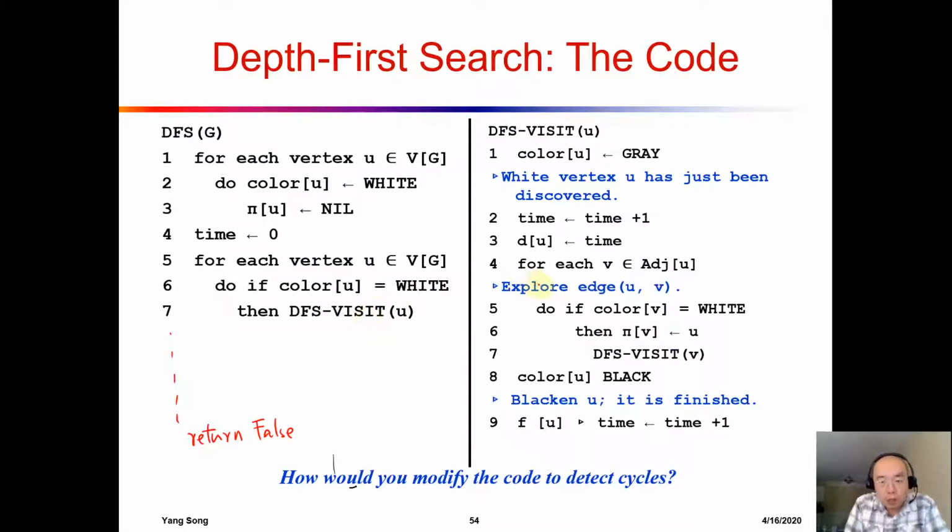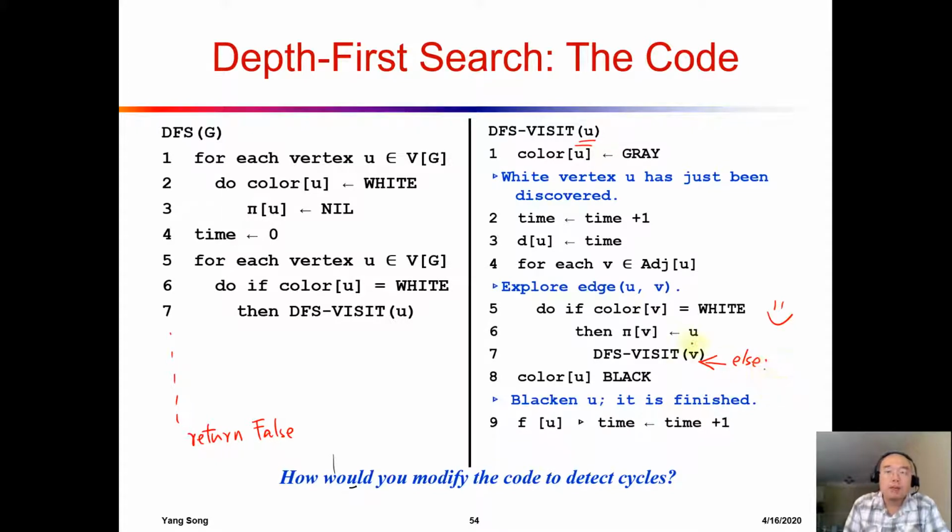And then we go here. So when we are doing the DFS of the current node U, if we see an adjacent node V, if V is white, everything is good. However, I want to add an else here.